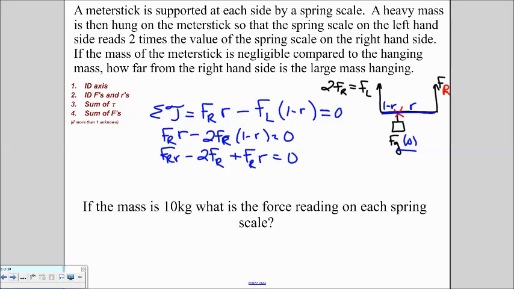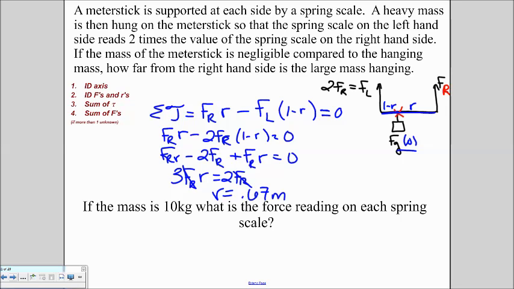Now we put these together, and I've got 3 right-side force times radius minus 2 times right-side force equals 0. Do the math, and FR will cancel out, and my radius is 0.67 or 2/3. So on that side, I am 0.67 meters away.